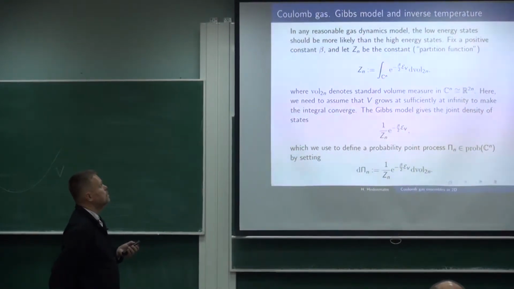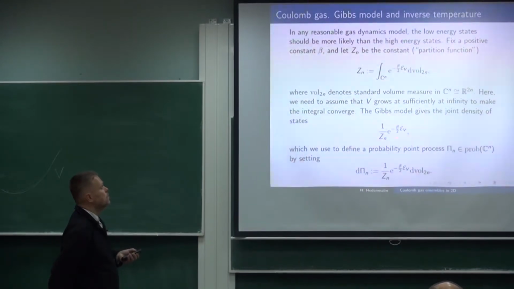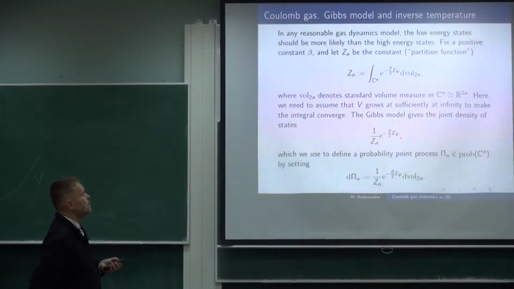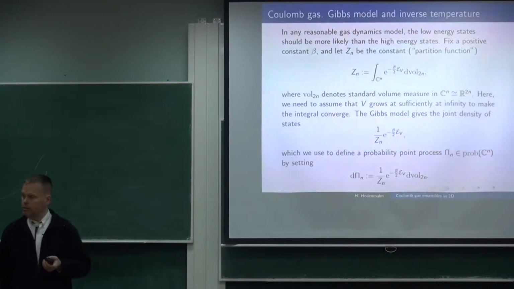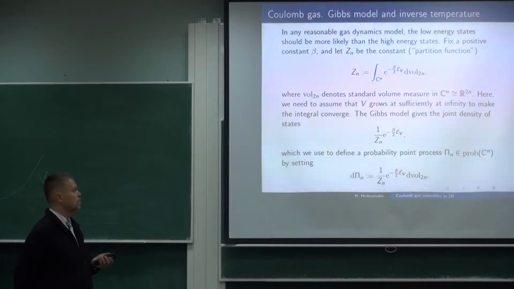This Gibbs model gives you that the probability density of a given state should be given by the exponential of minus a certain positive parameter times the total energy. Then you normalize it by a certain constant, which is given by this integral.